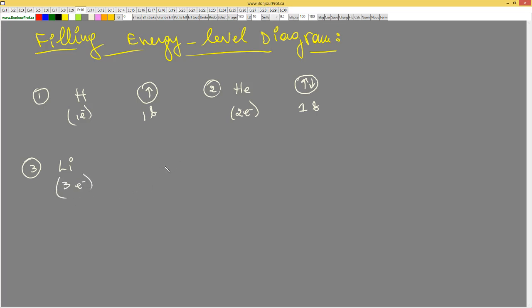So what we are going to do, we have to put 2 electrons in the lower level, and we have to put 1 electron in the higher level, 2s. See that I put one with arrow up, another with arrow down. Why? Because these 2 electrons are not the same. They have a different spin.